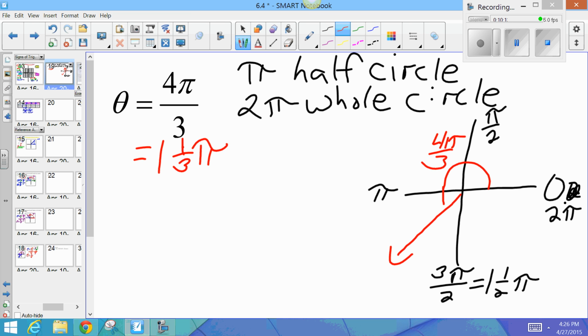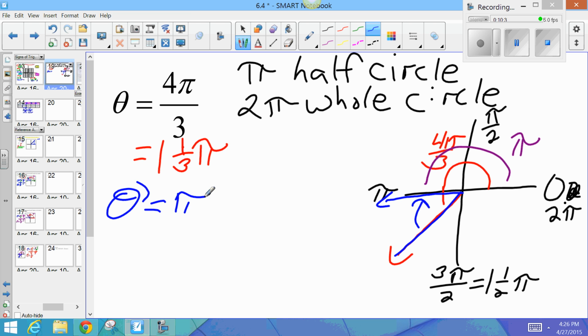The reference angle is right here, formed by the terminal side of theta and the x-axis. And so I'm going to subtract pi, half a circle, from that. So I've got theta prime equals pi, subtract 4 pi over 3. Oops, I had that backwards. Let me try again.